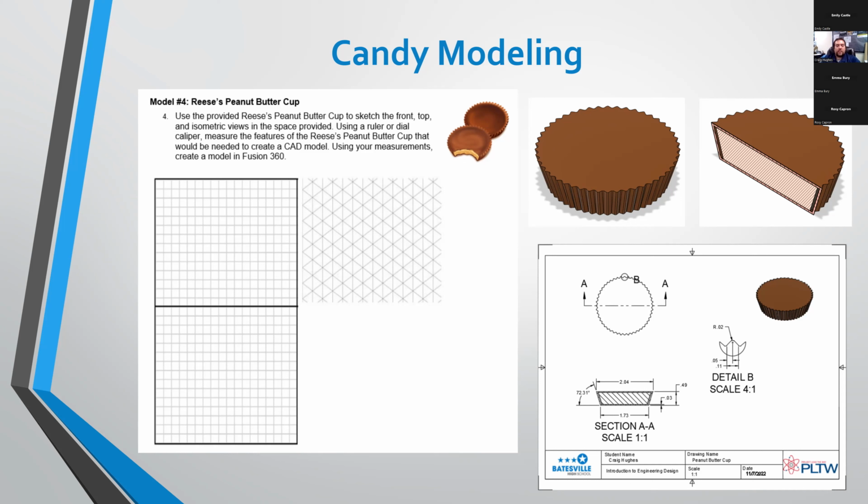In this case, with the Reese's cup, we're learning how to loft two sketches together and create that particular item, and then also do a section analysis. With Fusion, I show them how to create two separate bodies within a solid model and see those properties. A lot of really cool learning goes on there, and they enjoy it because they get to eat the candy after.